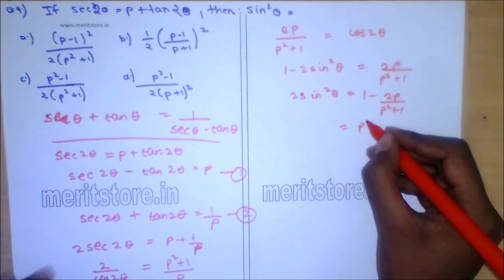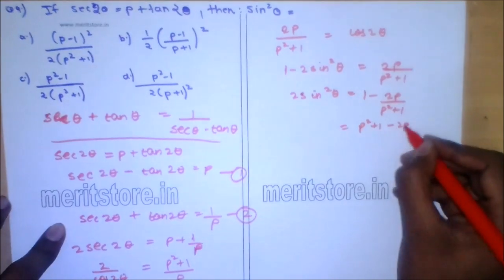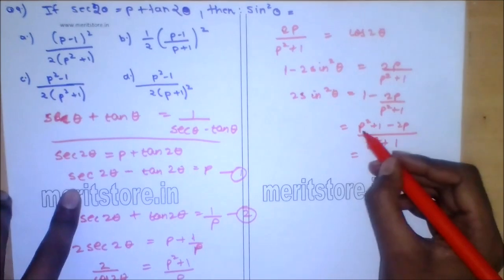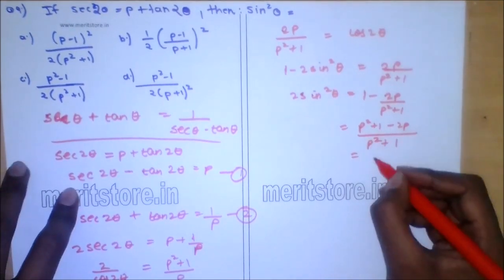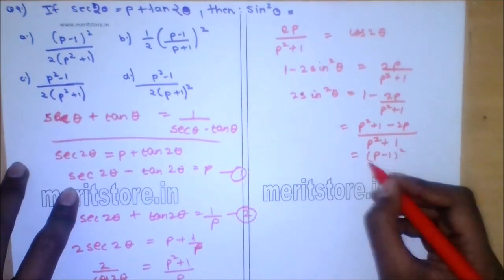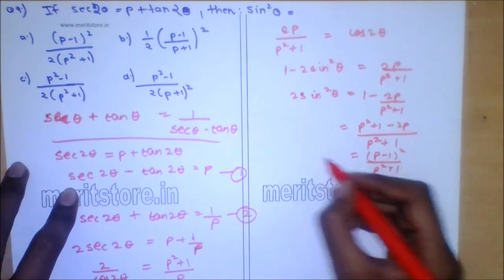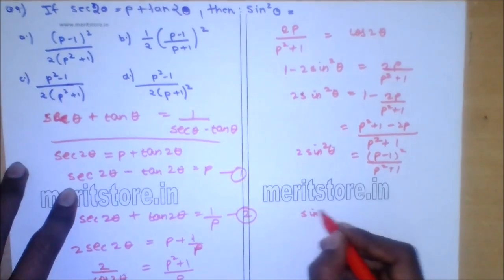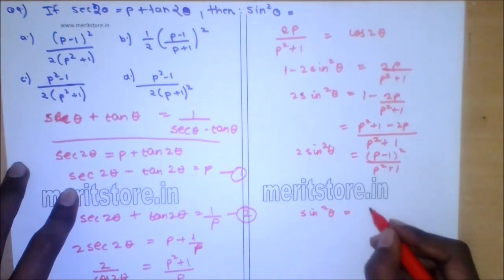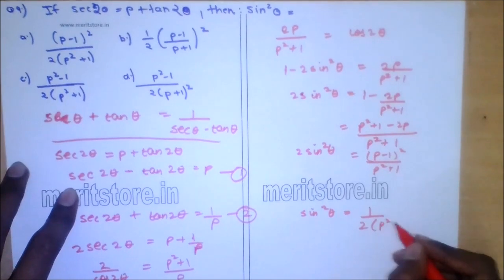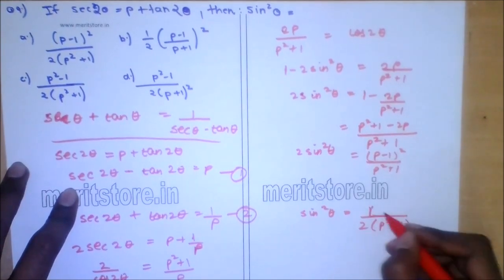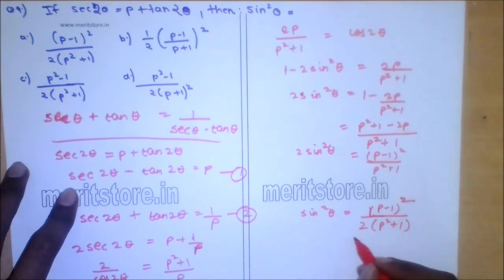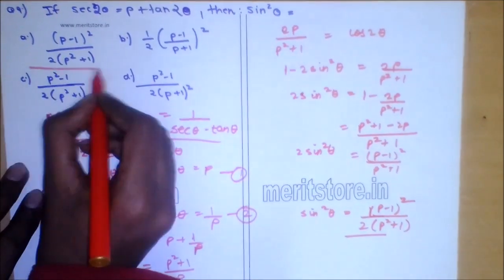This is equal to p square plus 1 minus 2p upon p square plus 1. This is the formula for p minus 1 the whole square. So this is p minus 1 the whole square upon p square plus 1. So this is 2 sin square theta. So sin square theta is half p square plus 1 into p minus 1 the whole square, which is option A.